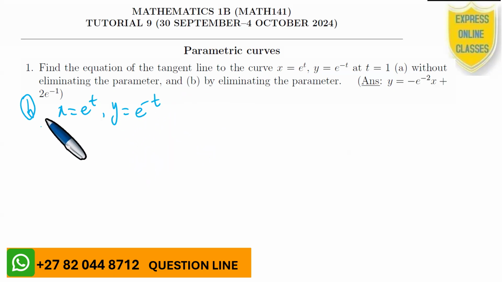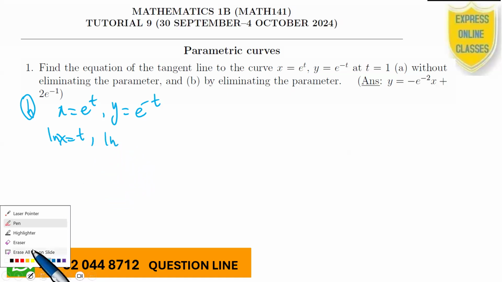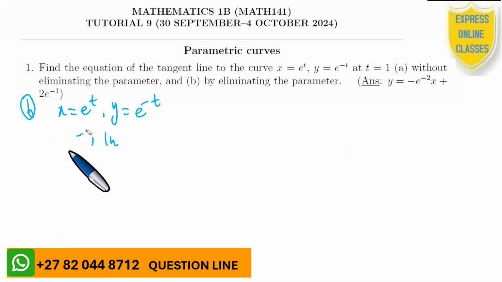And this would mean here we would have ln x is t, and obviously, this comes with taking the ln both sides.